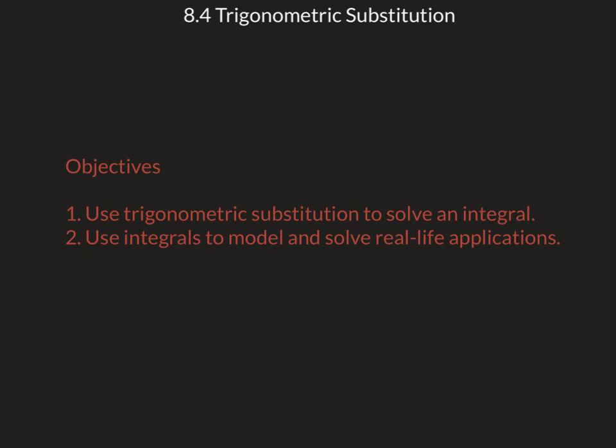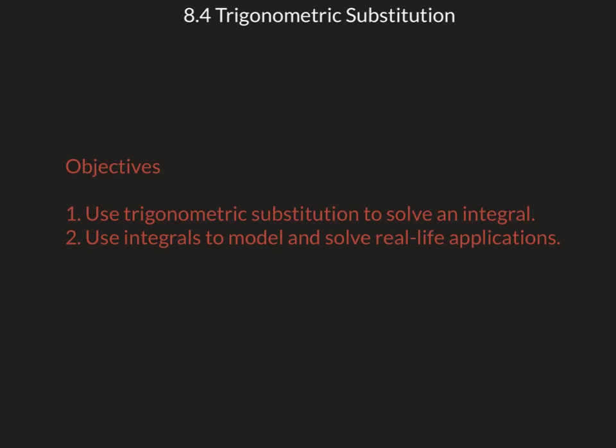What we're going to do here, these integrals involve square roots, and we're going to do a substitution where we end up dealing with an integral of trig functions. And it's no accident that this section follows 8.3, where we looked at the trig integrals and those procedures.